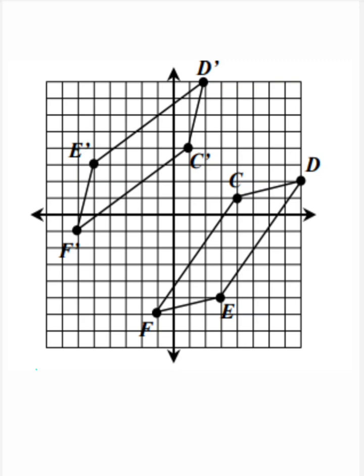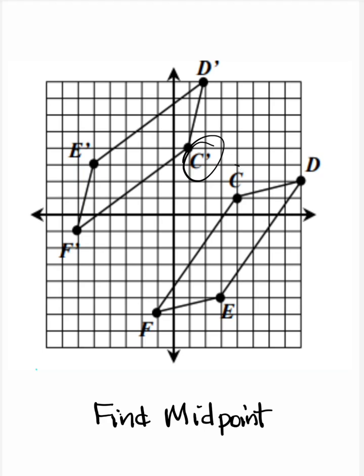So the best way to go about this is to find the midpoint. So we're going to look for the pre-image and the image for one point, the closest point here.